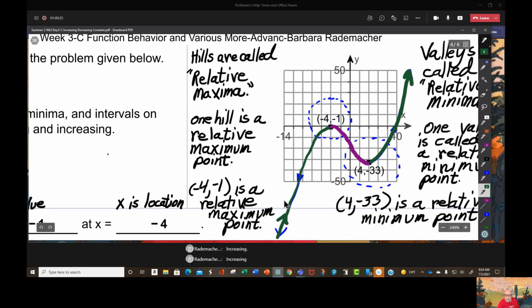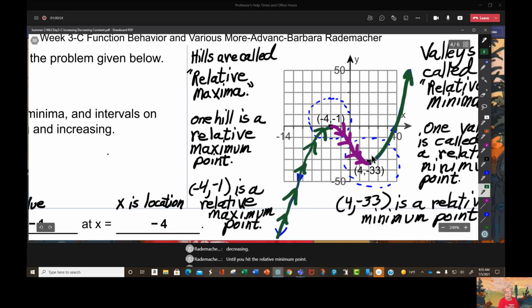So increasing until you hit the relative maximum point. And that's the turnaround point. Then you start decreasing until you hit the relative minimum point.